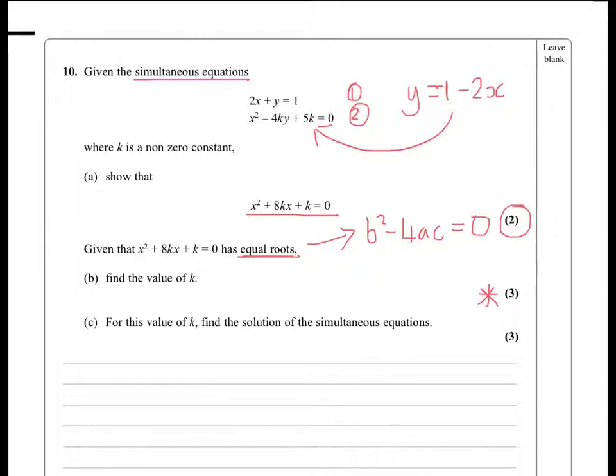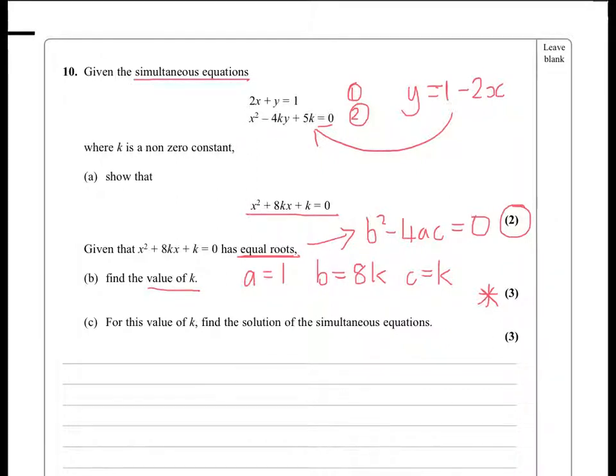You've got to identify A, B and C. So in this case, A would be equal to 1, B would be equal to 8k, and C would be equal to k. From that, substitute it into your discriminant and you should find a value of k. Notice it says the value of k, so you're only looking for 1.